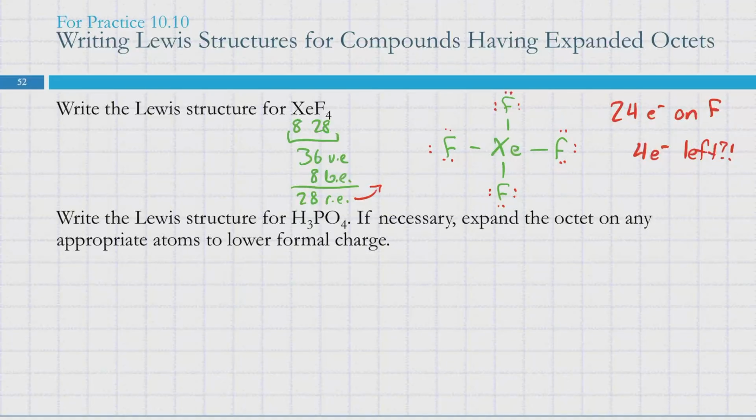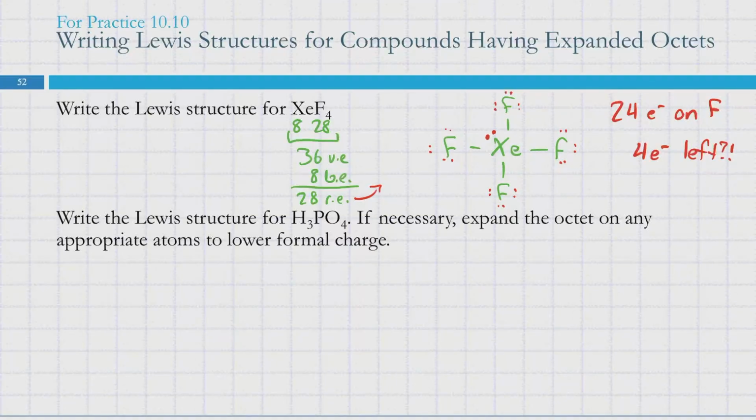So this is one of those places where expanded octets comes in handy. If you find xenon on the periodic table, it's one of our noble gases. It's on the bigger side of noble gases. And it has access to d orbitals.